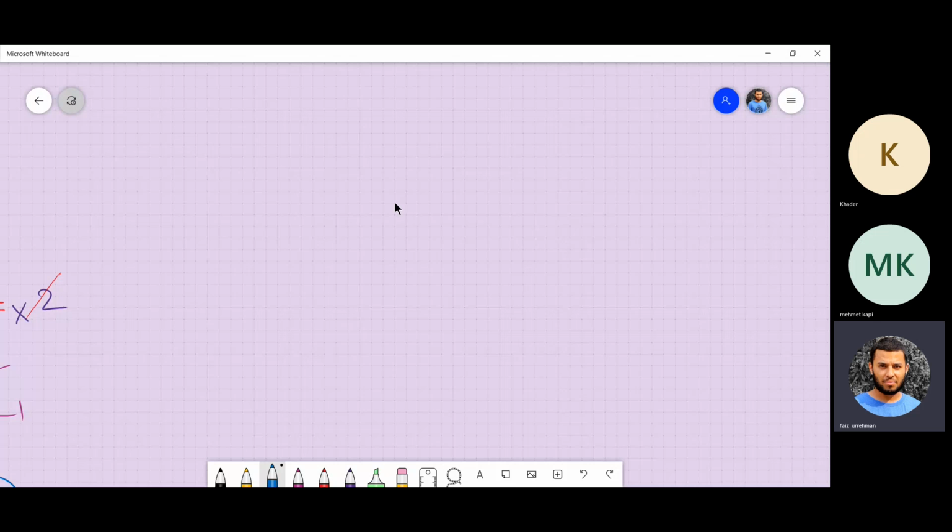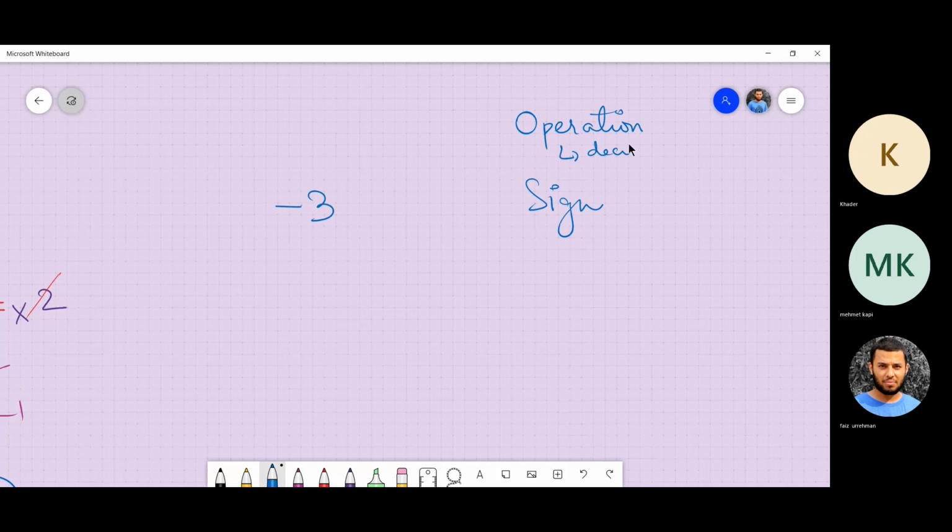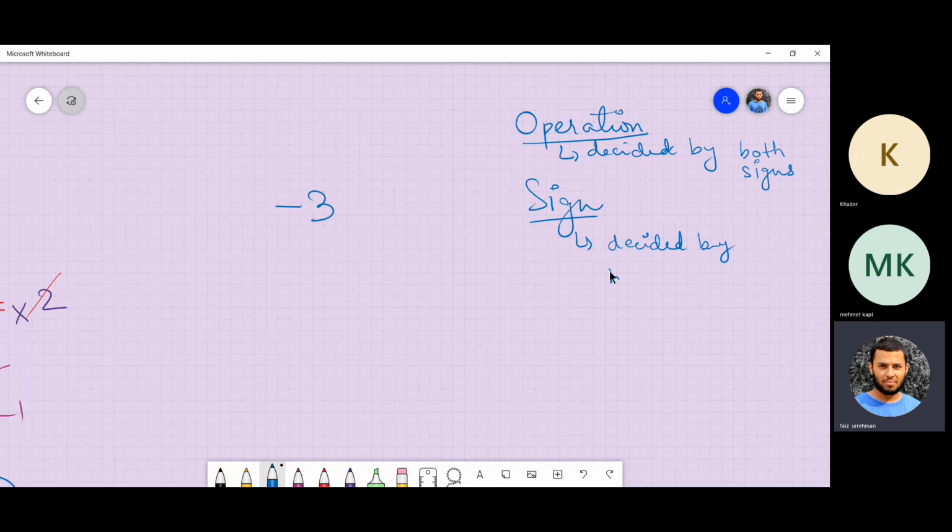Now plus minus. For example, if there is something like -3, first I will tell what is operation and what is sign. Operation is decided by both signs, and sign is decided by the bigger number. Now tell me, -3 plus 2.